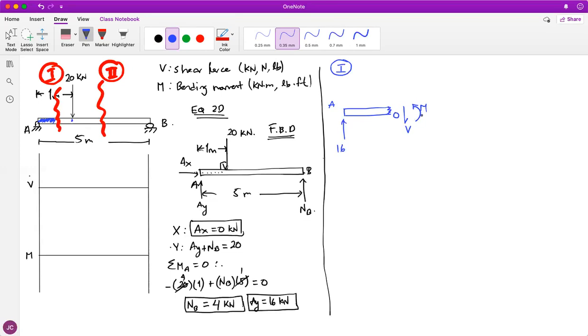These are actually your unknowns for these drawings. You actually want to know the behavior of shear force and bending moment along the beam. And this is actually a free body diagram for a chunk of a beam. This chunk will let you look at what is happening all along this beam, okay?